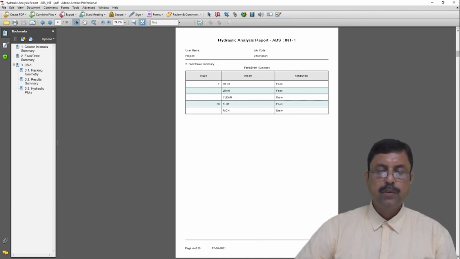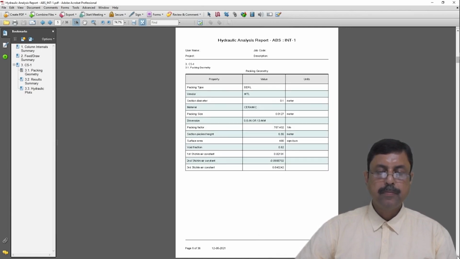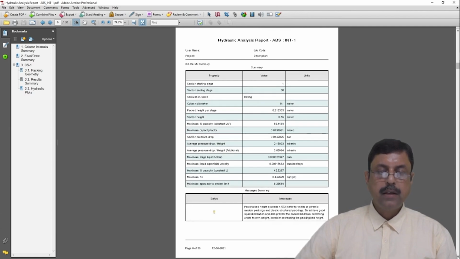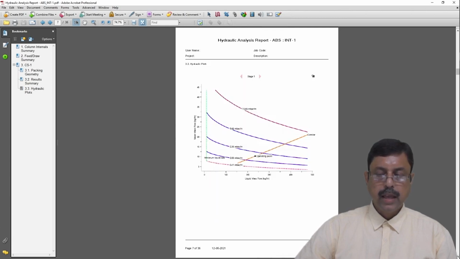Then it will give you the feed summary, packing geometry, and here column diameter and other things are given. And very importantly, the column internals, that is the operating point at each and every stage.